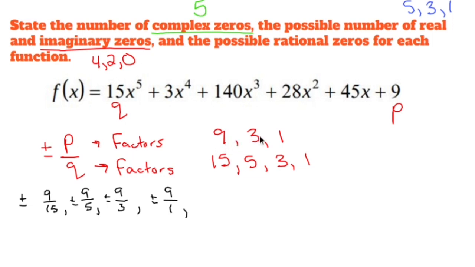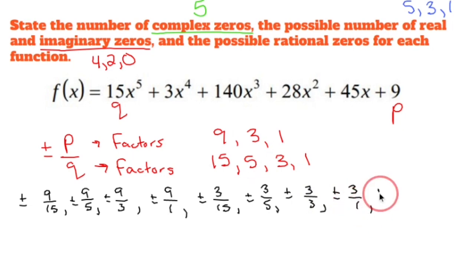Now let's do plus or minus 3 over 15, plus or minus 3 over 5, plus or minus 3 over 3, plus or minus 3 over 1.